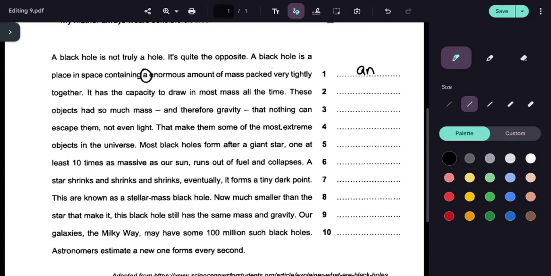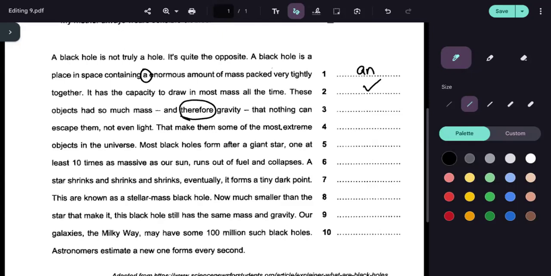"And it has the capacity to draw in most mass all the time. These objects." Okay, this is no error. "These objects had so much mass and therefore gravity, which nothing can escape them." Sorry, not "which," it is "and."